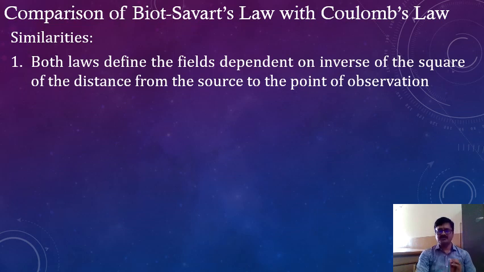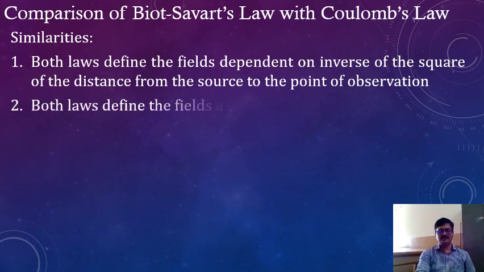There are certain laws in physics called inverse square laws, and one amongst them is Biot-Savart law, and Coulomb's law is also one amongst them. So in short, similarity number one: both of them obey inverse square laws. I hope this is clear.